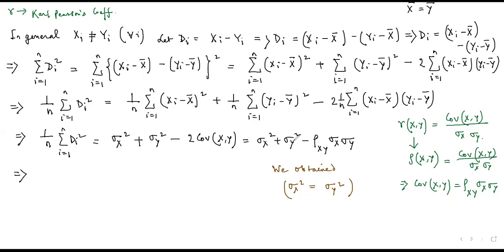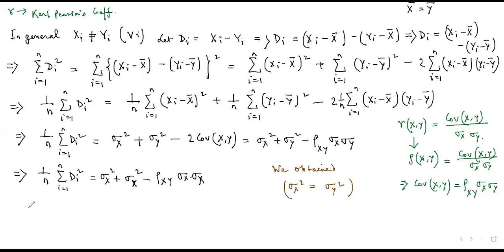So we can replace all the sigma y's by sigma x. So we are writing it as 1 by n summation di squared, i goes from 1 to n, sigma x squared plus sigma y squared, and in place of sigma y we write sigma x squared, minus rho xy into sigma x into sigma x.